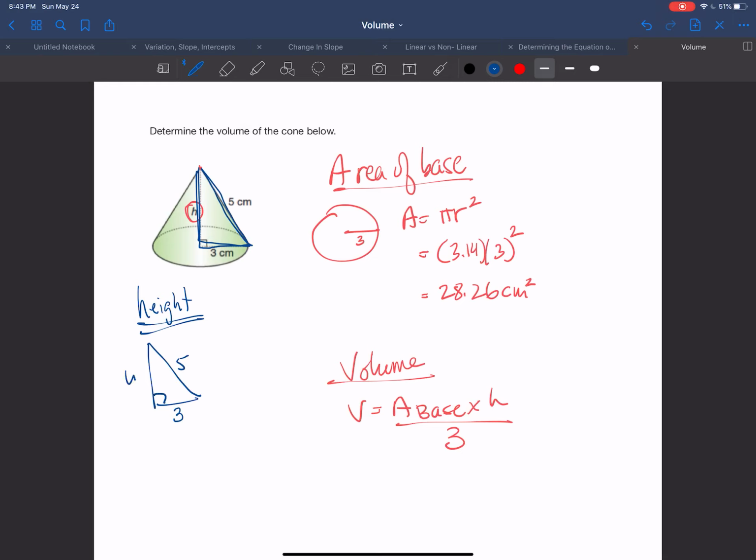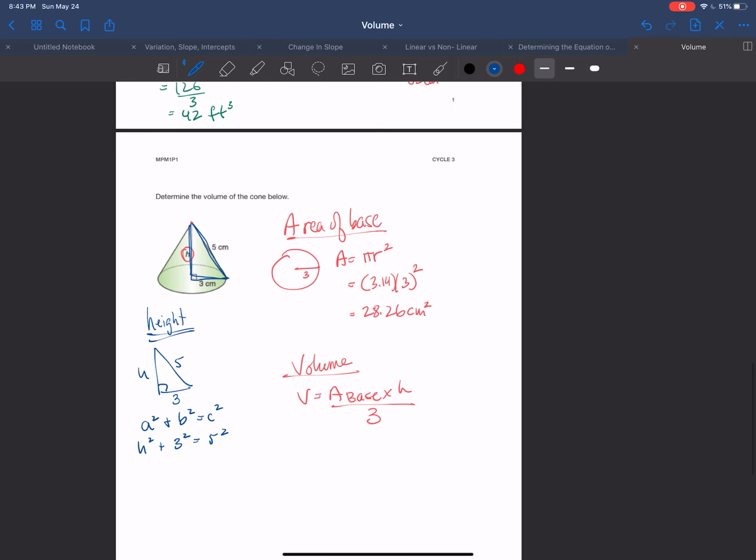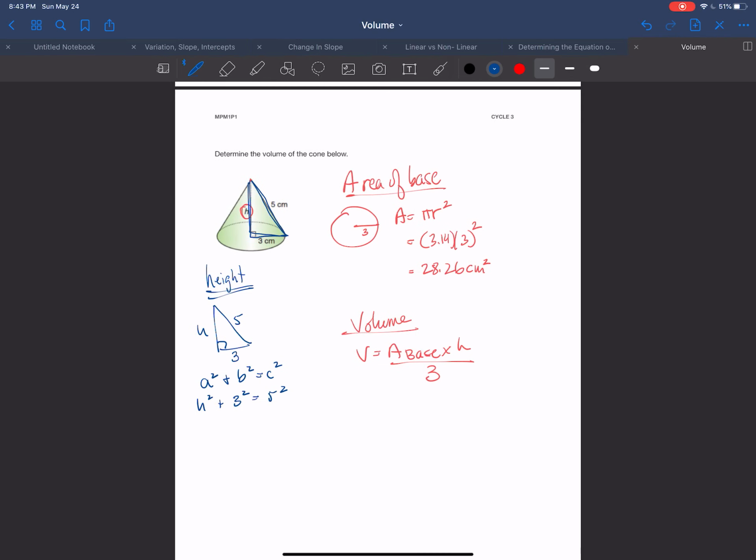So if I want to figure out what that side is, I can use the Pythagorean theorem. A squared plus b squared equals c squared. 4 squared plus 3 squared equals 5 squared. Remember that c has to be the longest side, the hypotenuse. So h squared plus 9 equals 25.